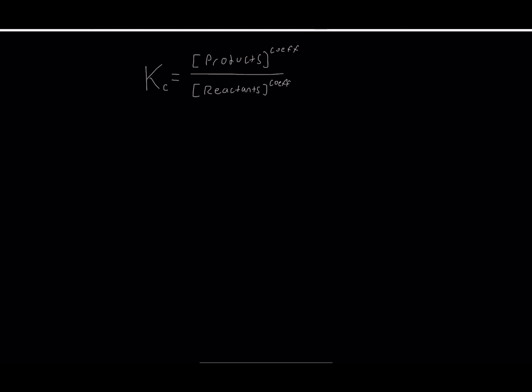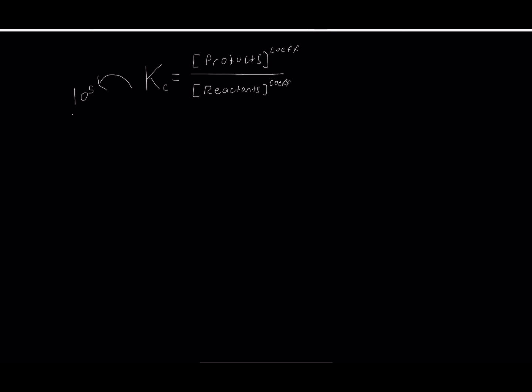Now, if we know that Kc's value is some really large number, like let's say it's 10 to the 5th, what do you guys think that'll tell you about this reaction at equilibrium? That'll tell us that it favors the products, right?